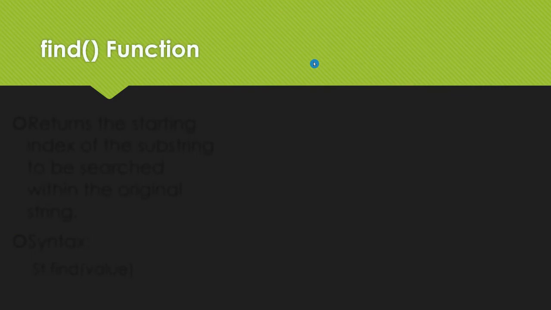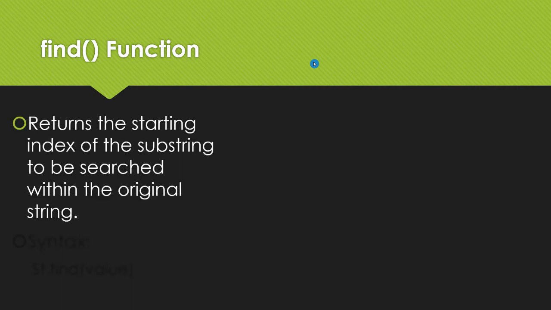The next function is the find function. You remember in Microsoft Word we have a find option, which is used to search a particular text, character, word or phrase in your whole document. Same here, the find function is used to search whether a particular string or substring is available in your given original string.